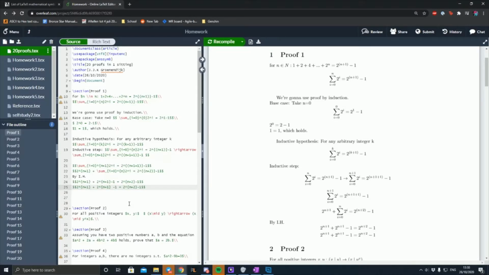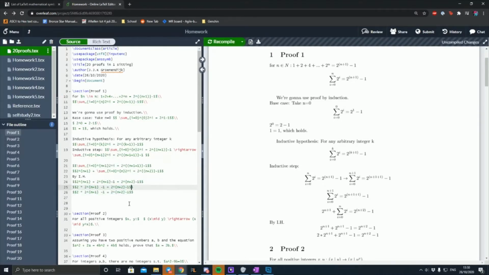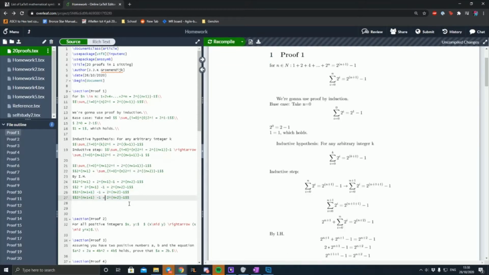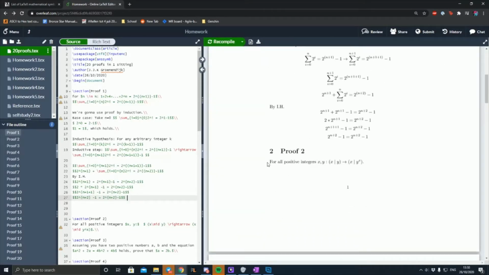This is equal to 2 times 2 to the power of n plus 1, which is the same as saying this plus 1, because it's adding another 2 times. And then you end up with this, which is on the left side the same as the right side. So in that case, yeah, which holds.